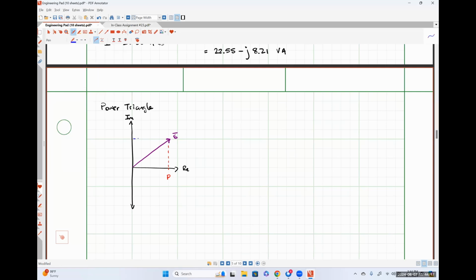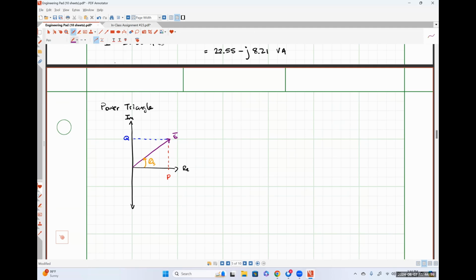The projection of S onto the imaginary axis is the reactive power. And the angle formed between the positive real axis and S is our power factor angle.